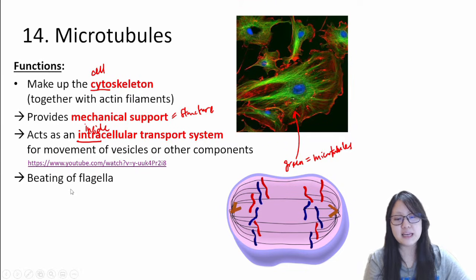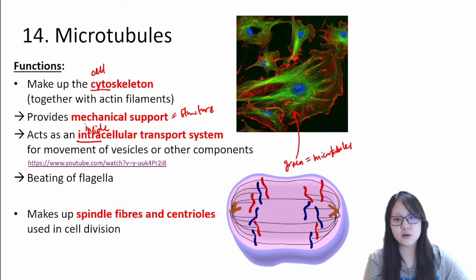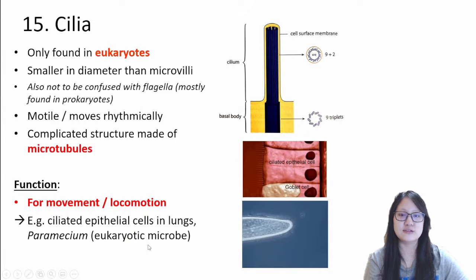So like the beating of the flagella, this is also because of microtubules. And of course, because microtubules make up centrioles and centrosomes, these make up spindle fibers as well, used in cell division.